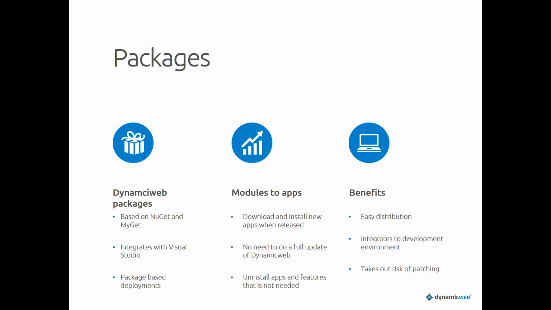So instead of having all the modules in your solution, you can basically uninstall the Forms module, or if we release a new module, you can just install it using one of these packages instead of getting a new application with all of this. So the benefits: much easier to distribute, and it integrates directly into the development environment. You can use the package manager in Visual Studio or the package manager console to update custom solutions as well.